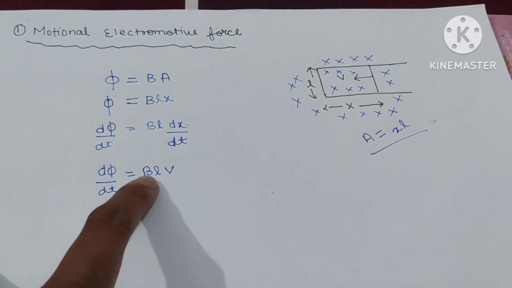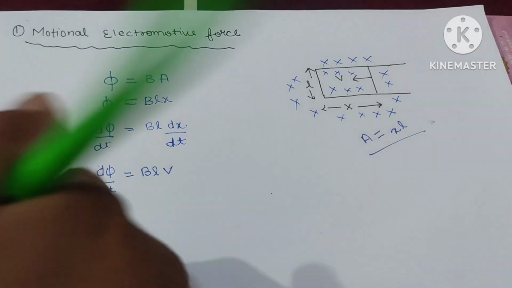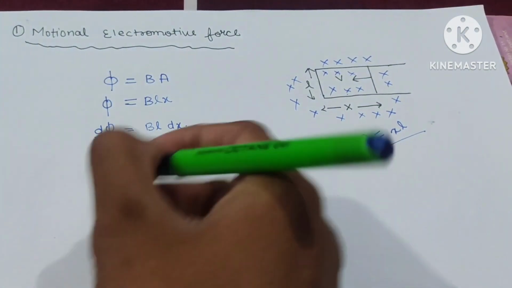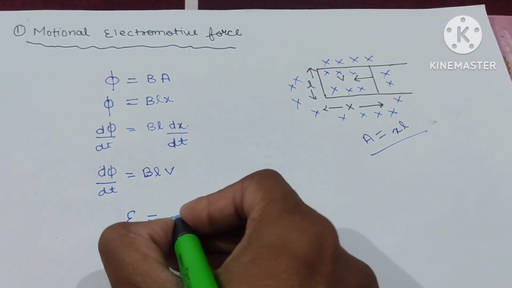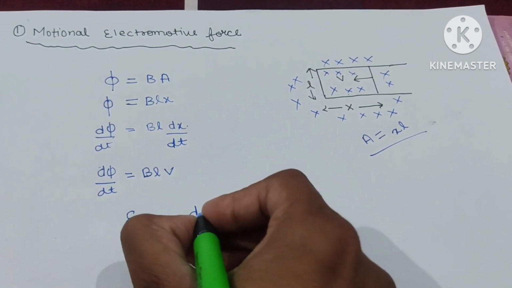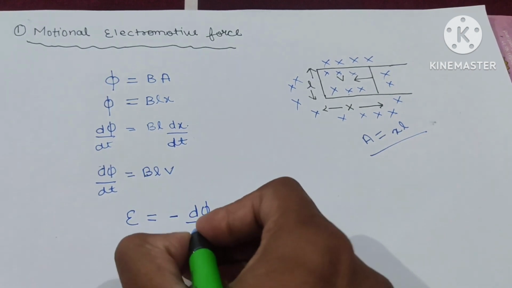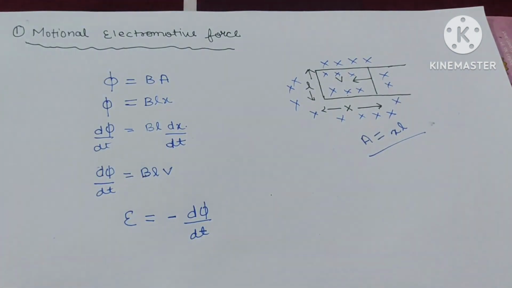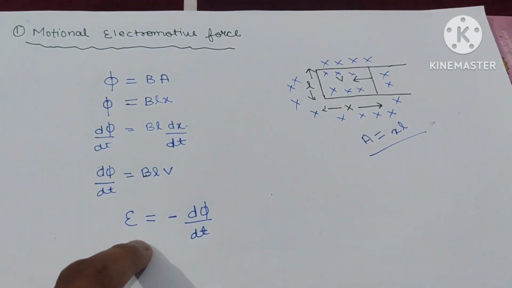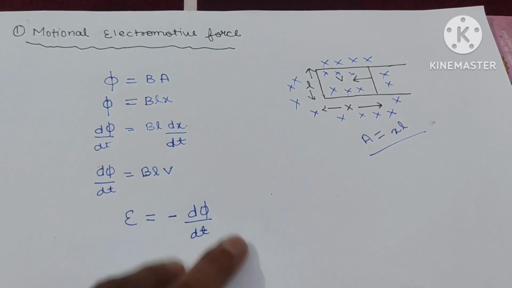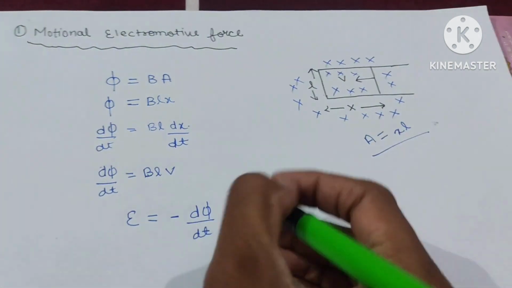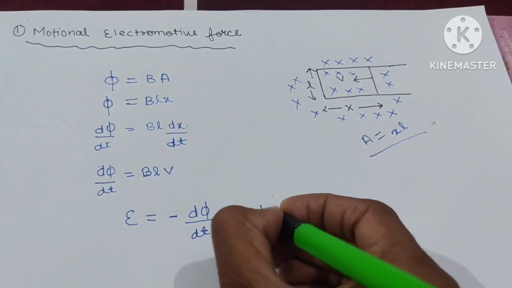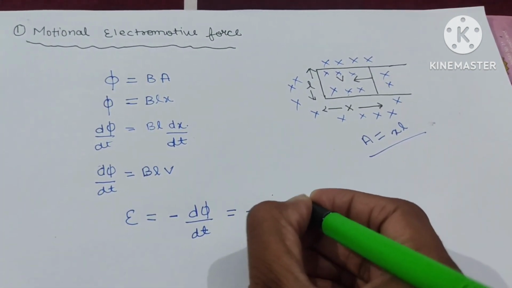So we can write BLV. Now we know the EMF is equal to minus d phi by dt. So the EMF induced is equal to this. We'll put the value here, and this will be minus BLV.